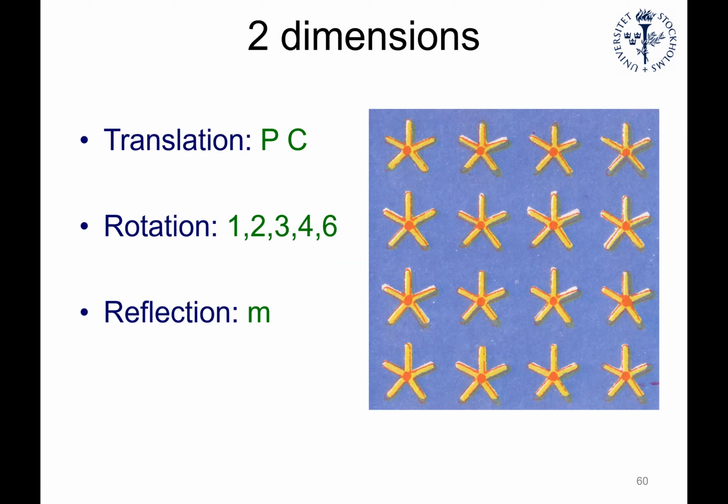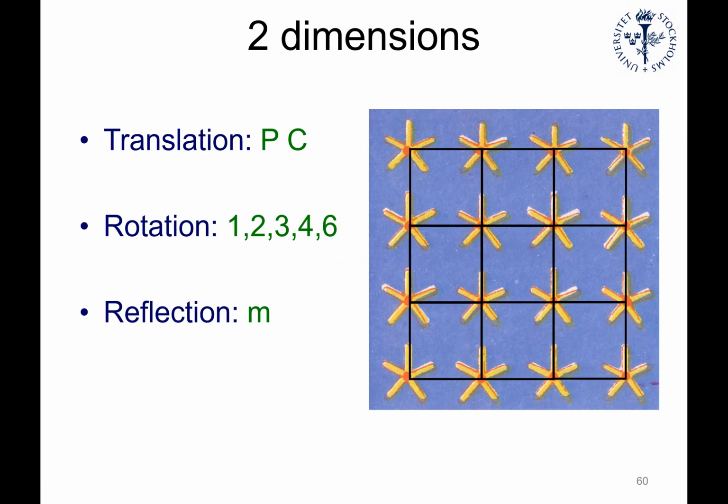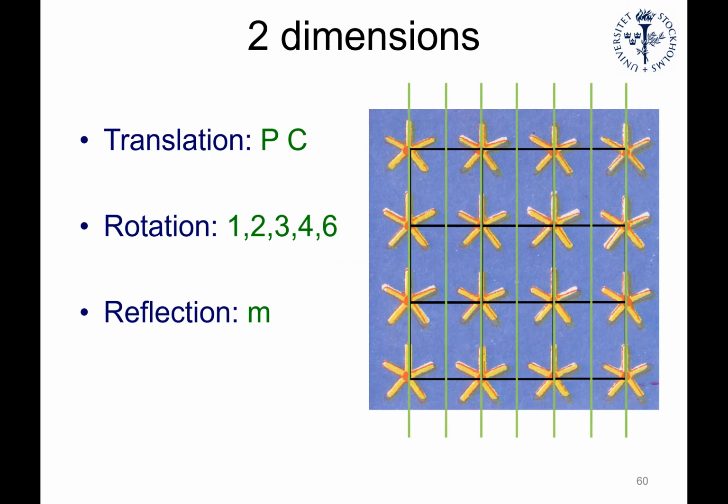So to identify symmetry, usually I like to start off by looking at the unit cells. So this is a unit cell that I've picked. I just took the center of the red dots and connected them up. So we have this unit cell, but there is some symmetry. There are mirror planes.